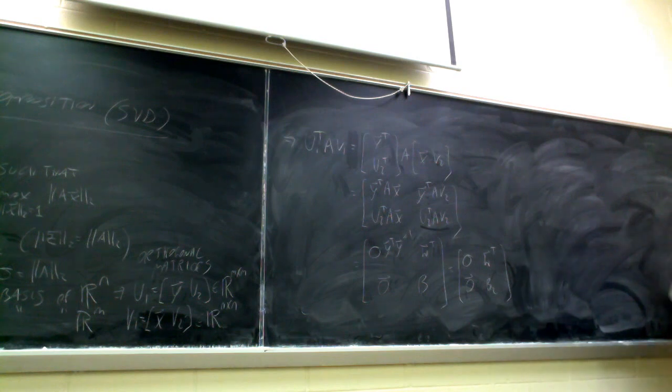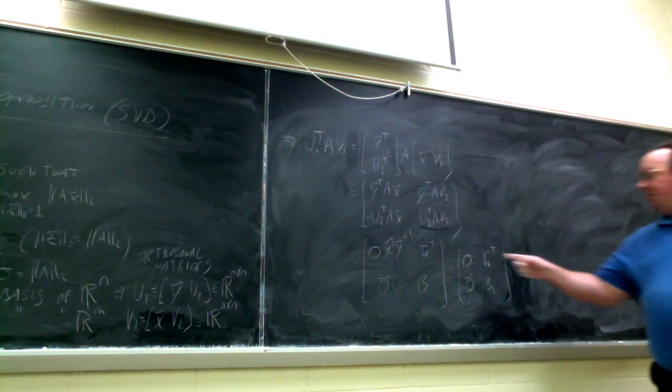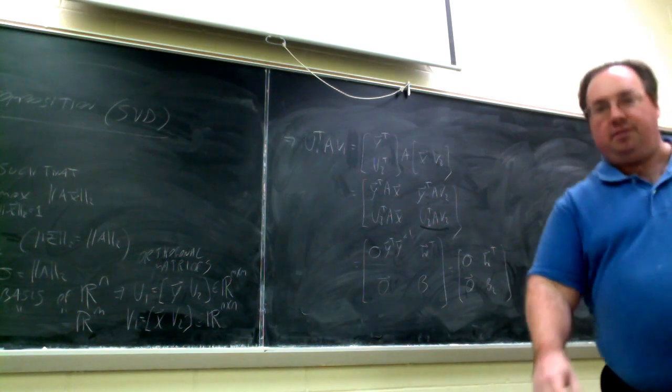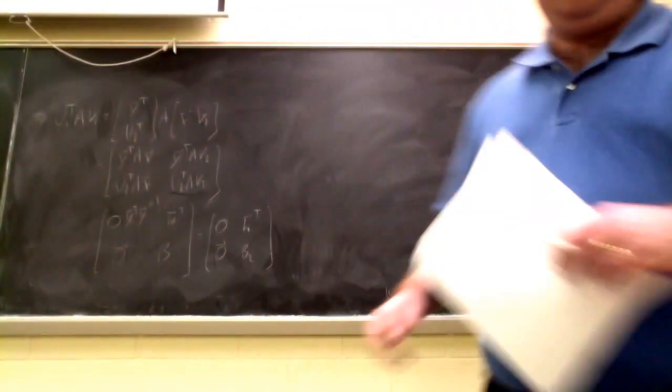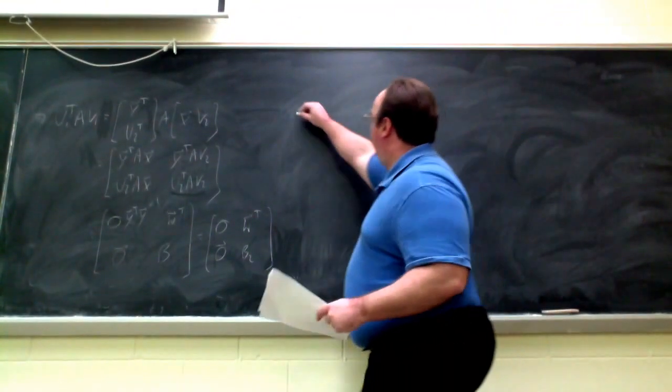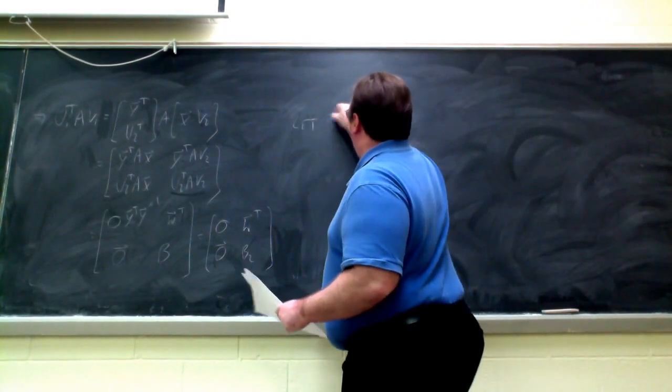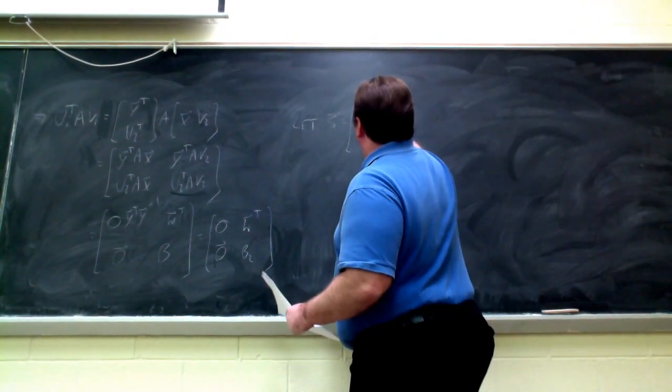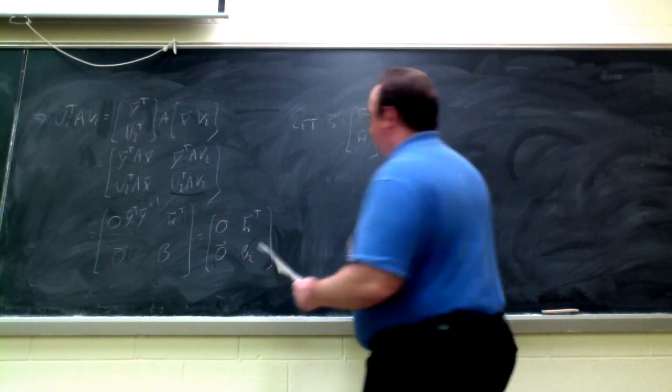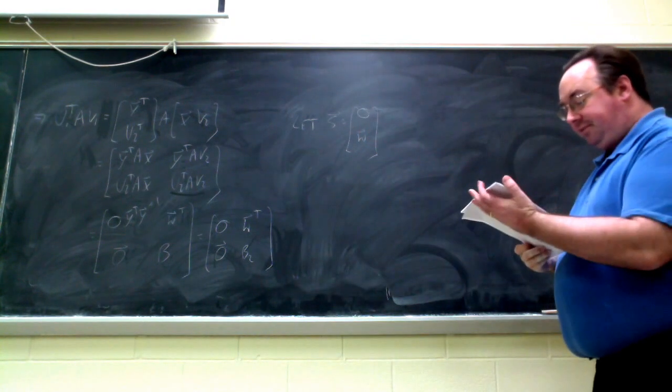Now, I want to take a look at the first row. So I'm going to take the first row, but I'll make it into a column vector s, where sigma is the first element and w is everything else.